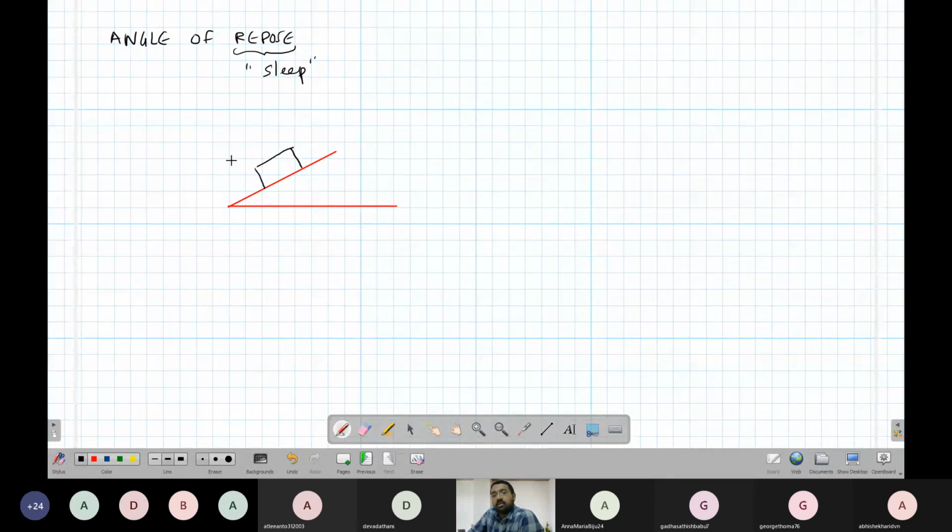So this is my body here. Now the angle of repose is, let's say, alpha. The maximum value of alpha up to which the body will be at rest.